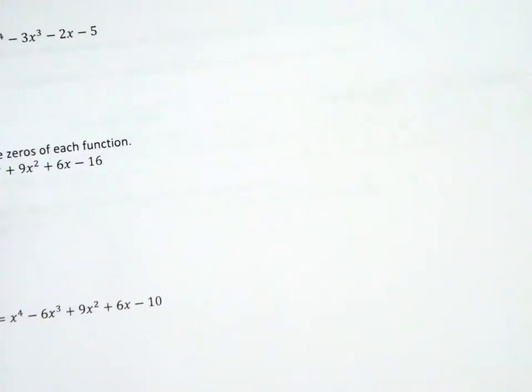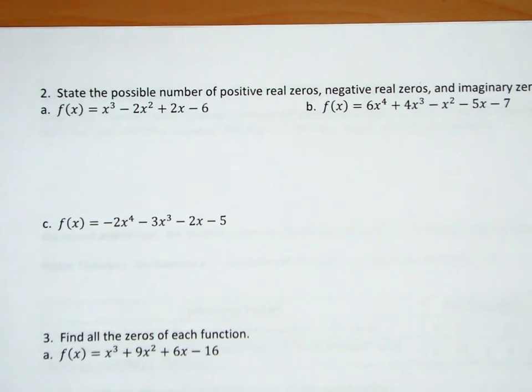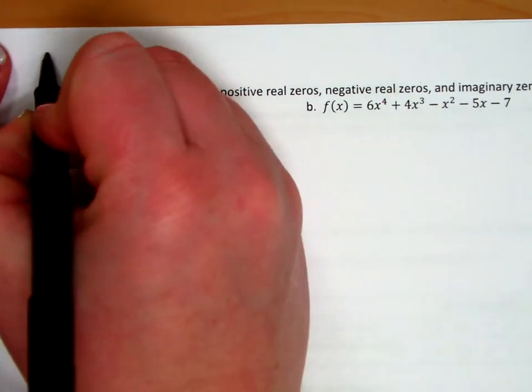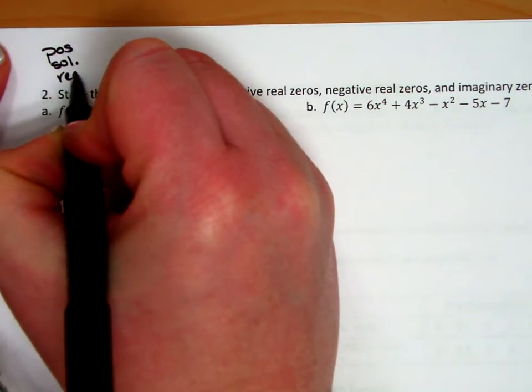The second part of the notes is Descartes and then finding all the zeros. And kind of what I just did was finding all the zeros. This part down here at the bottom of the notes, you don't need to worry about. So you can put a line through that. Descartes' rule is really cool, but what you're doing is you're doing positive solutions, and these are real.